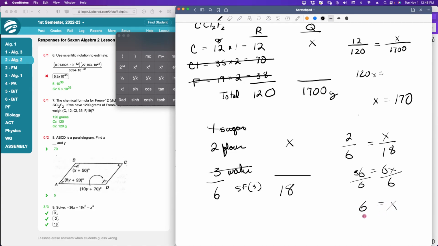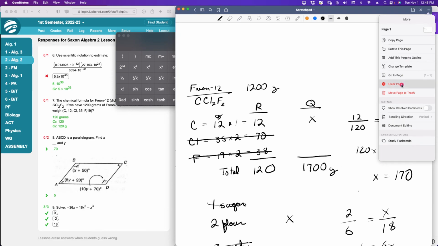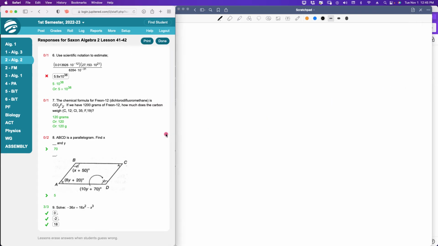Our scale factor is 3. 2 times 3 is 6, right? So we got the right answer. We got the same answer as we did before. We just did it in a way that works every time. That's the important part. Understanding how it works every time and not just when we recognize the numbers. But that's what we're doing.